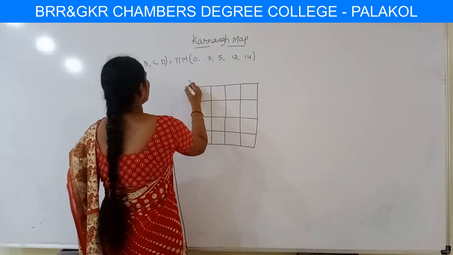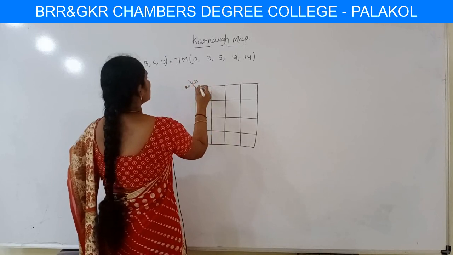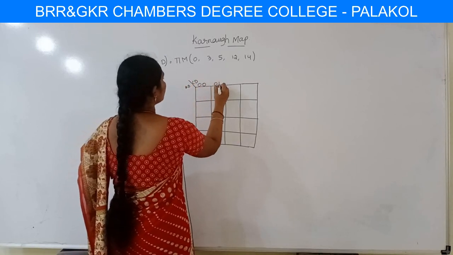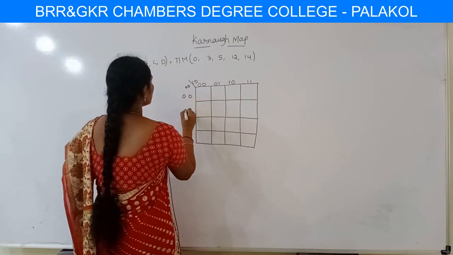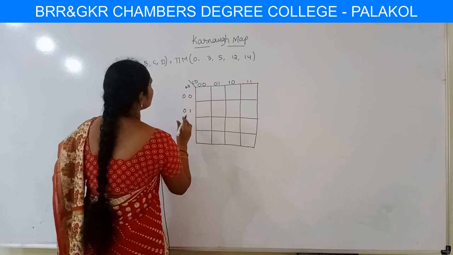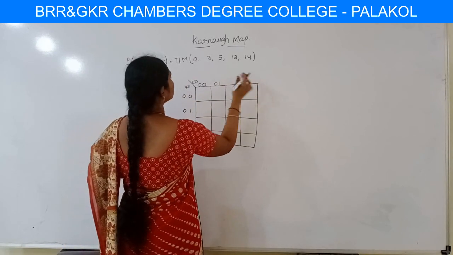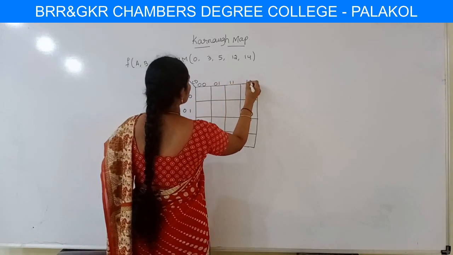Here these are A, B, C, D. So 0, 0, 0, 1, 1, 1 and 1, 0.